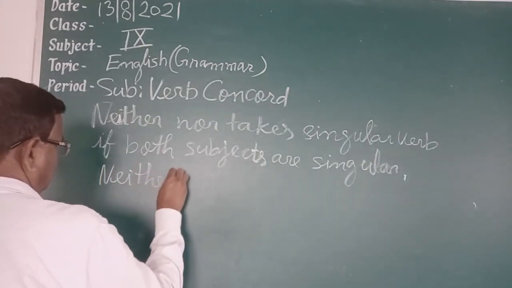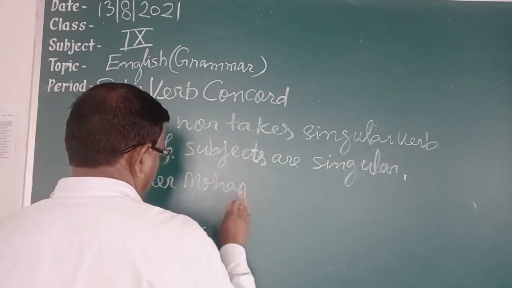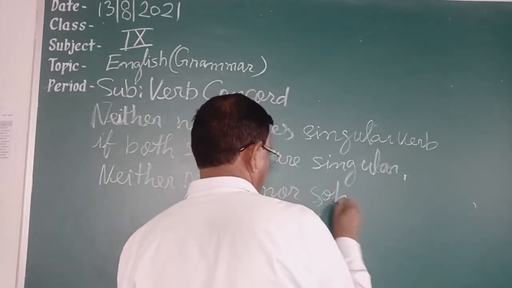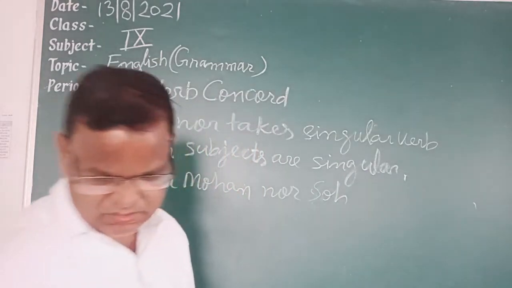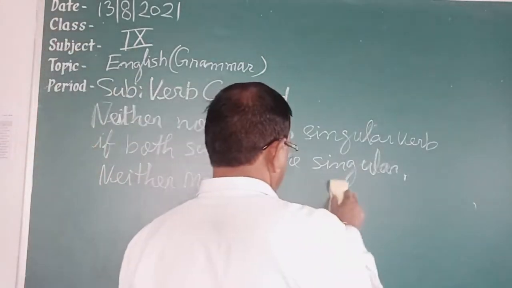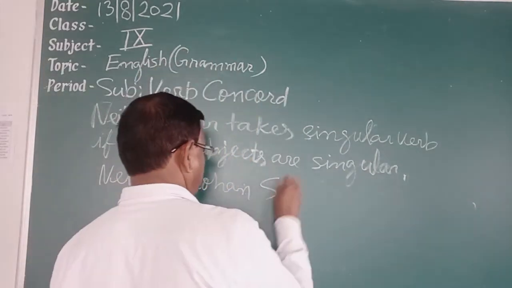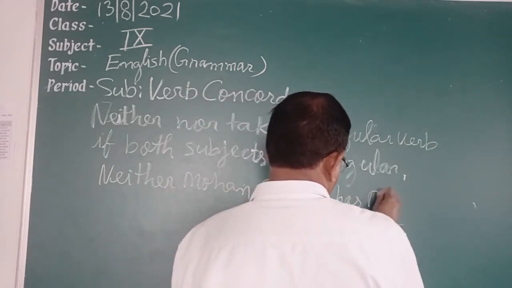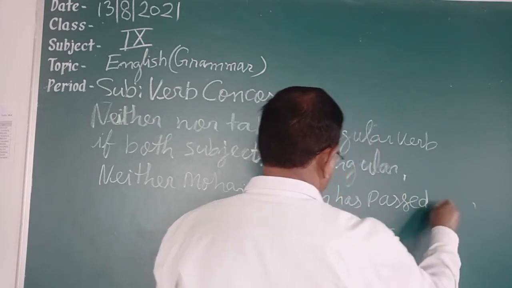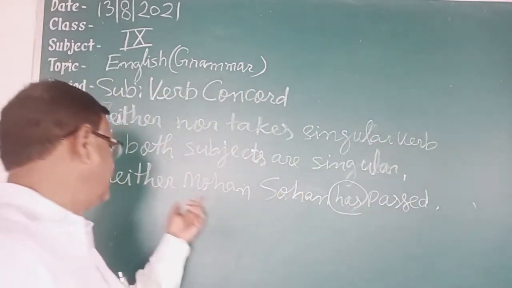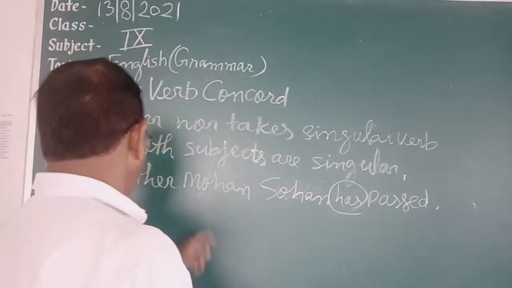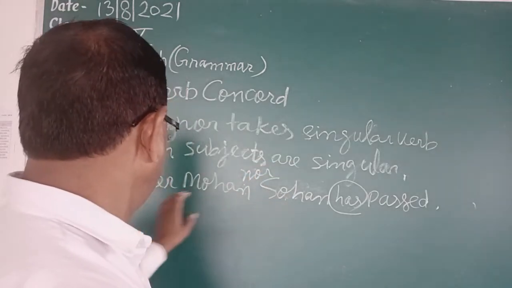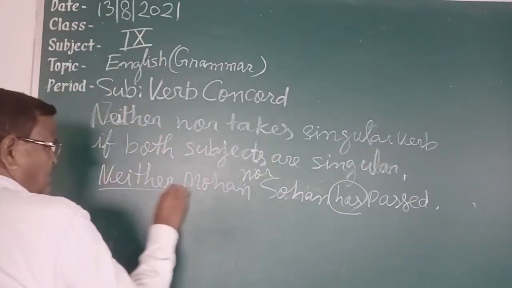Example: neither Mohan nor Sohan has. Here the singular verb has has been used, because the two subjects Mohan and Sohan are joined by the conjunction neither nor.